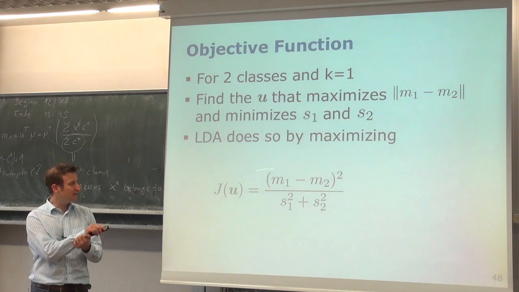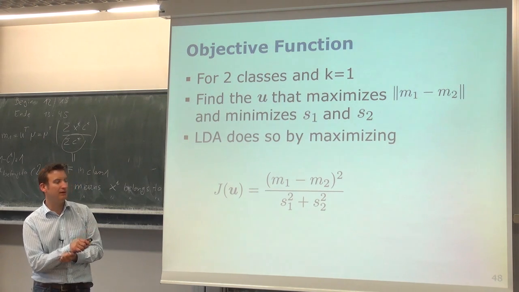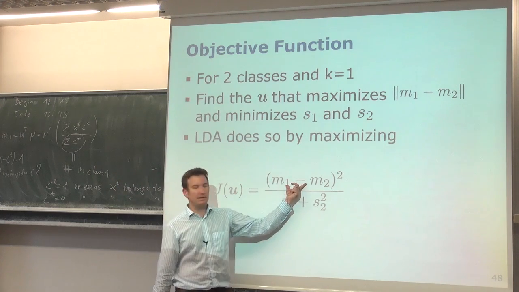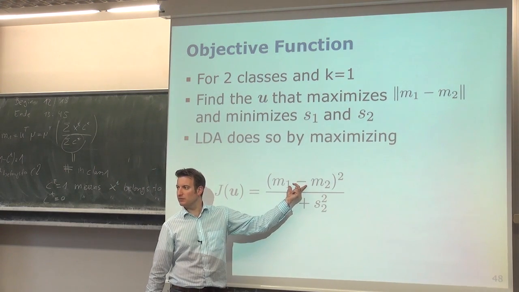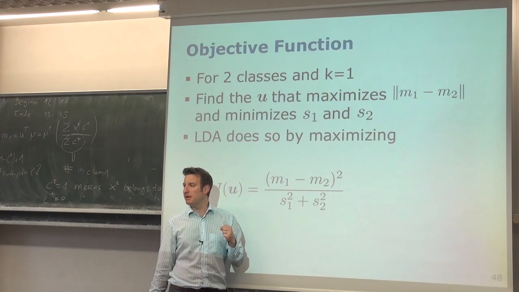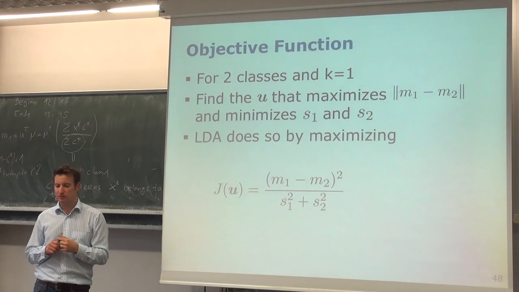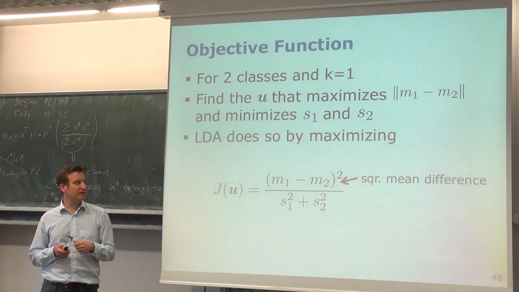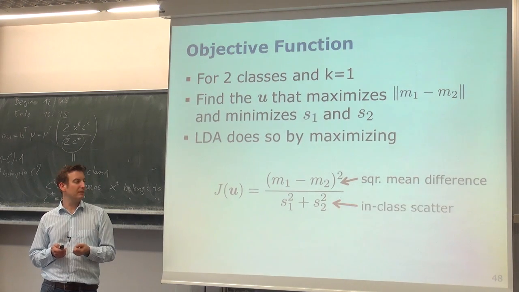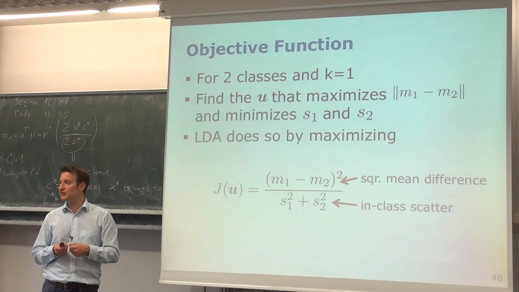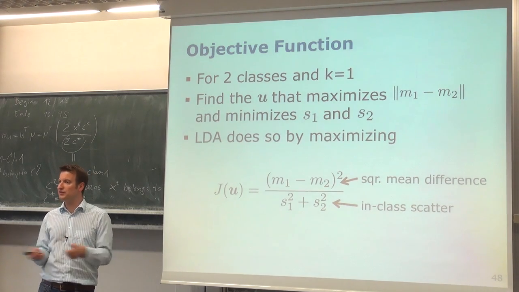If I'm maximizing this expression, I'm maximizing the difference between the means and minimizing the scatter along this dimension. So this is the squared difference of the means over the in-class scatter in class 1 and class 2 simply summed up.